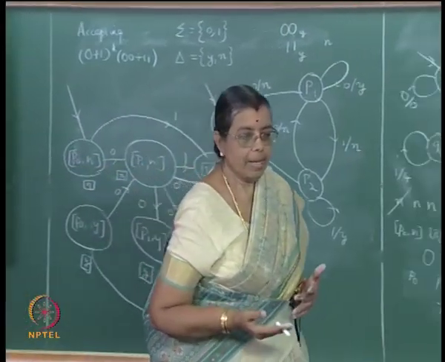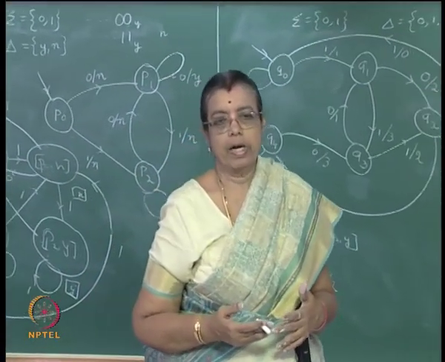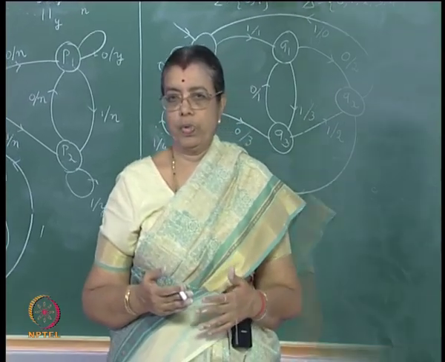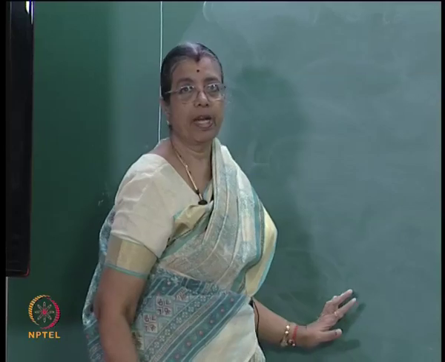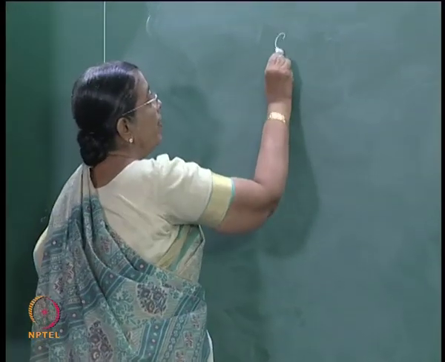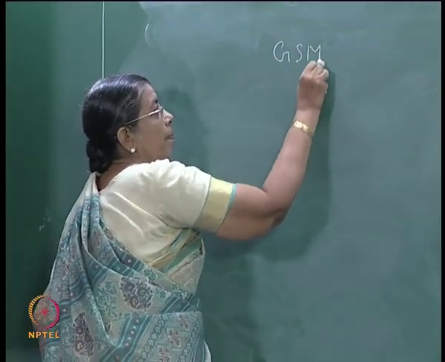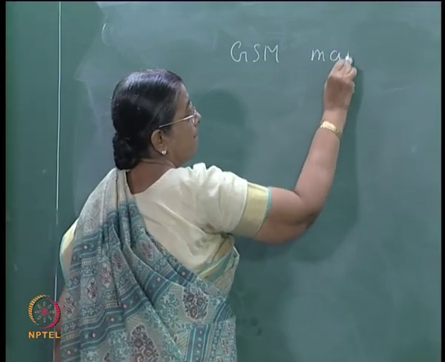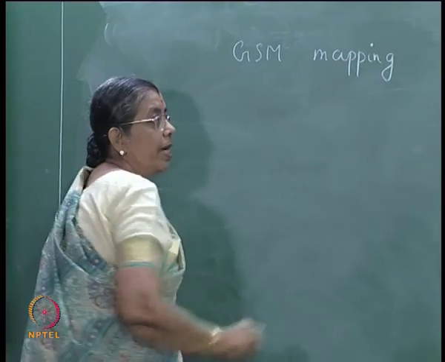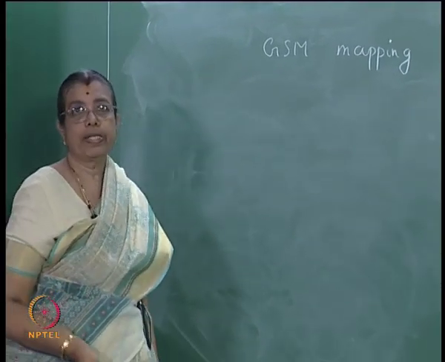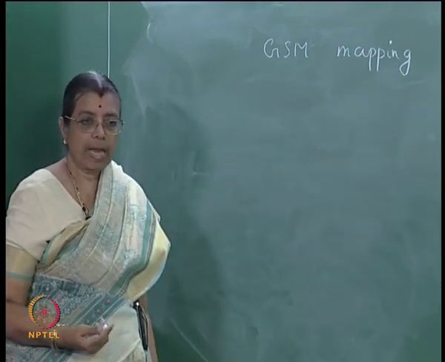So, this is the main thing about finite state automata with output. Related to the concept of finite state automaton with output, we also have another concept, GSM mapping. We study about closure properties of languages.